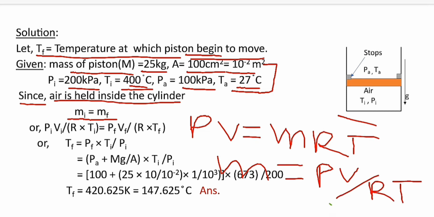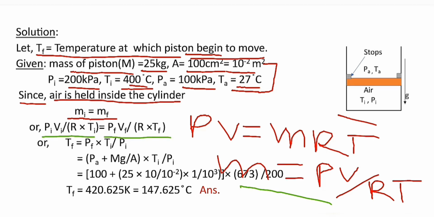So by this relation, initial mass is equal to P initial into volume initial divided by R into T initial, and final mass is equal to final pressure into final volume divided by R into final temperature. Here R is common, so it cancels out. Since Tf is the temperature at which the piston begins to move, and at that point the volume will also be the same, so Vi and Vf also cancel out.